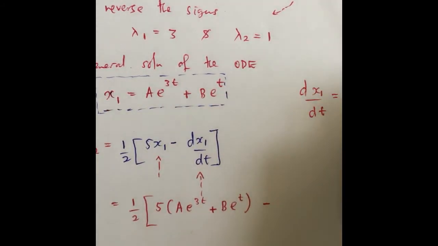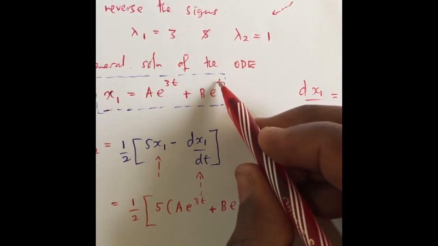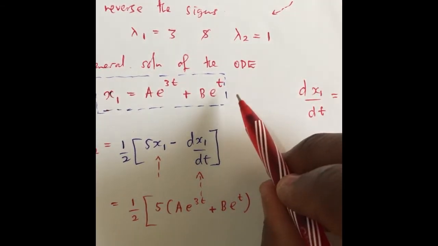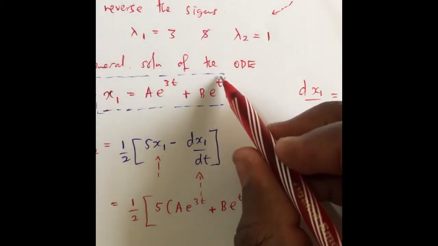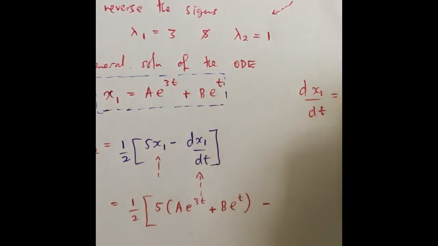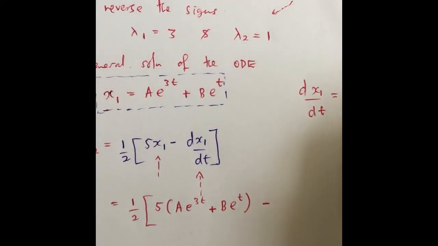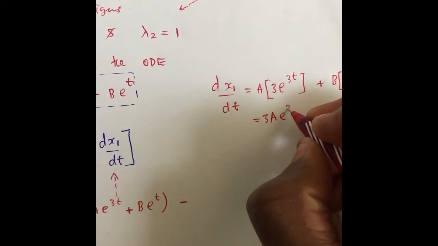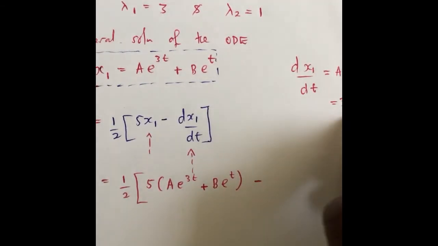Do the same to this: b goes outside because it's a constant, the differential of t is 1, so 1 multiplied by e to the t. That gives us 3a e to the 3t plus b e to the t.